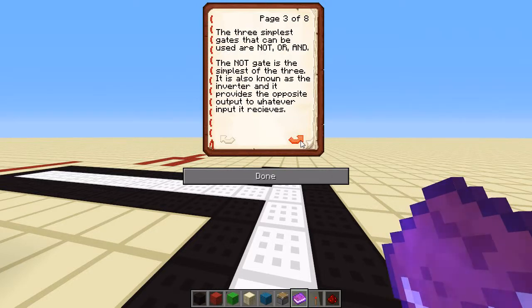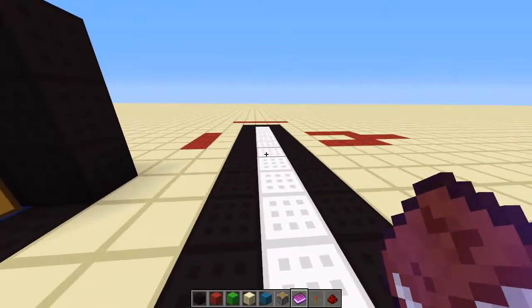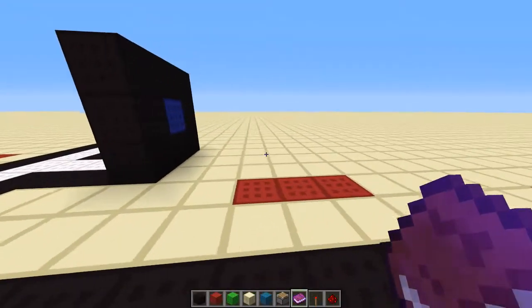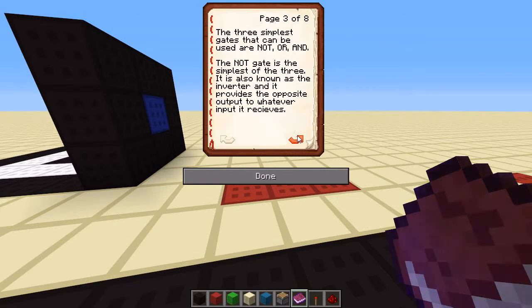So the three simplest gates are NOT, OR, and AND. We're going to start with the NOT gate, it's pretty much the simplest. It has an alternative name, which is the inverter. So logic gates take an input. They can take any number of inputs, but they will always provide normally one output.